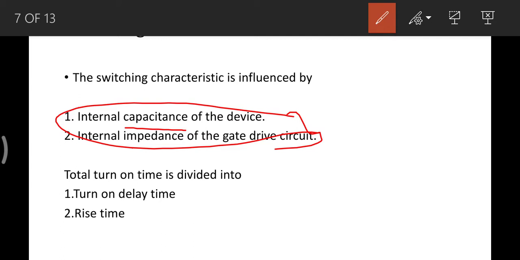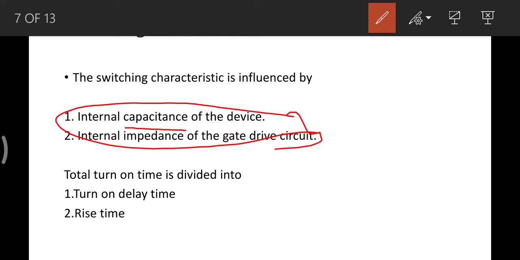So the switching operation is studied in two levels: one is during turn on time and the second one is during turn off time. Let us see what turn on time is.